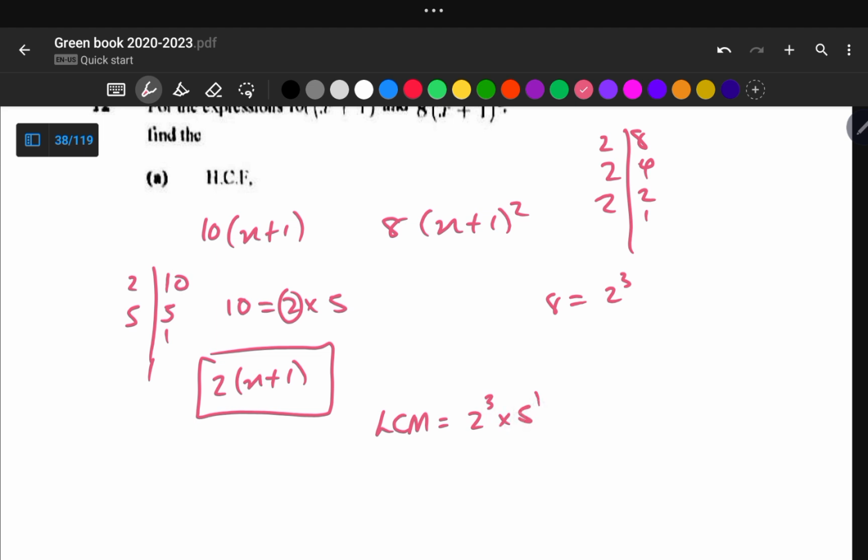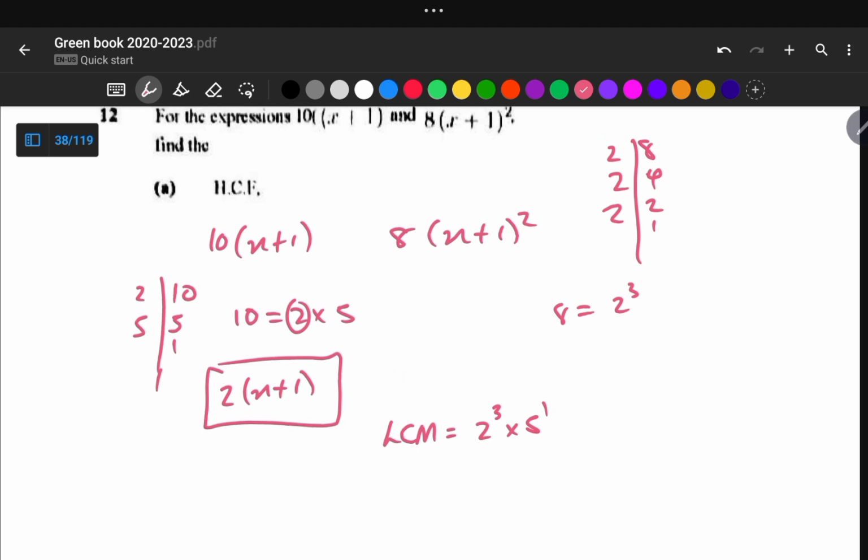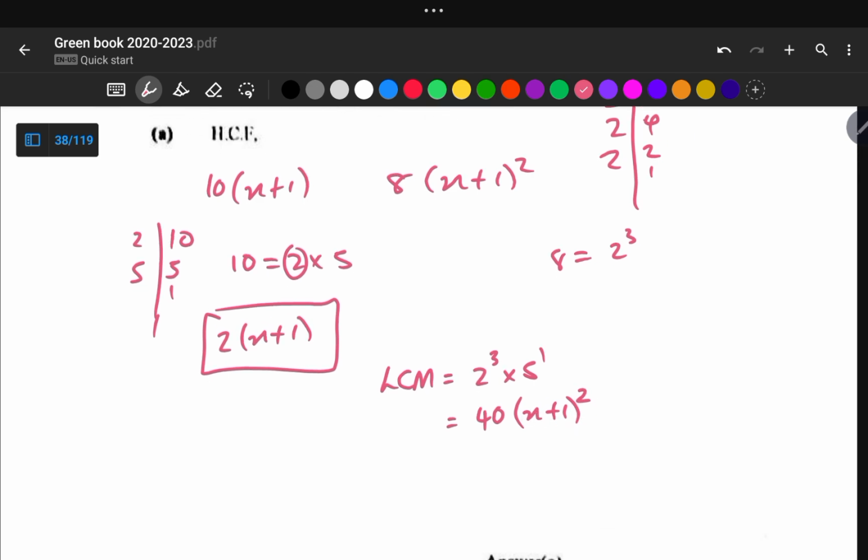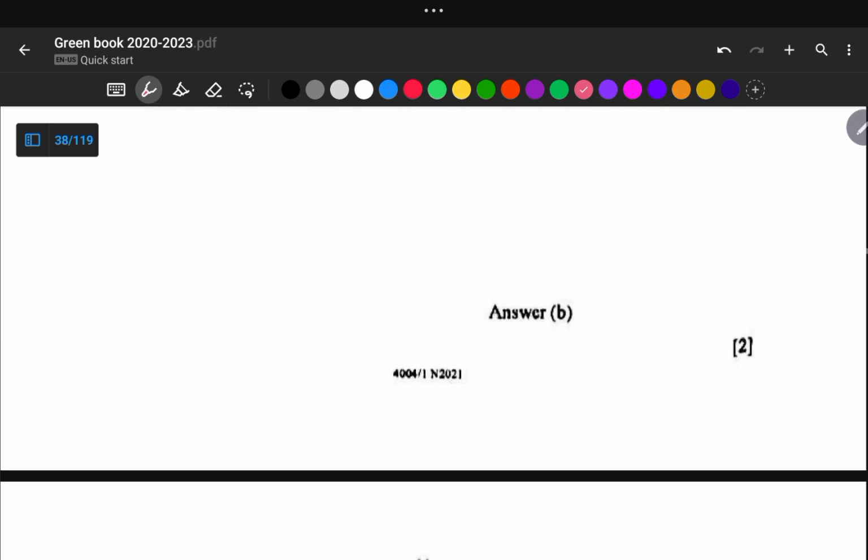For 2, we only consider the 2 that is raised to the highest power in these two expressions. For 10 we have 2 raised to the power 1, and for 8 we have 2 raised to the power 3. So we are only taking 2 to the power 3, which is equal to 8, times 5. It gives us 40 multiplied by (x plus 1) squared. So 40 multiplied by (x plus 1) squared is our lowest common multiple.